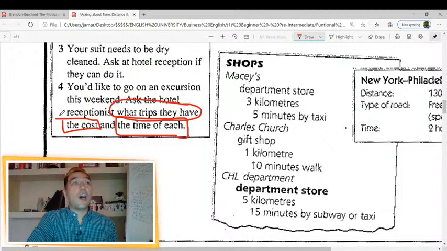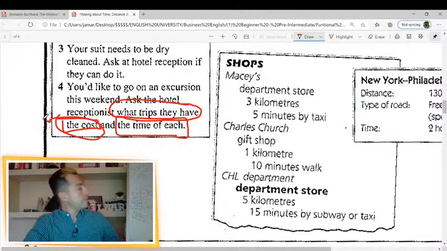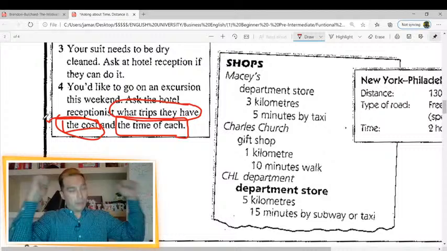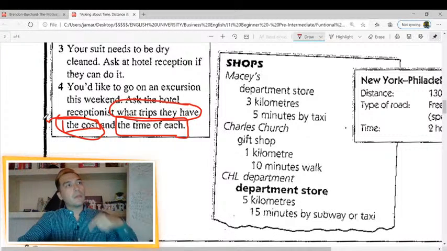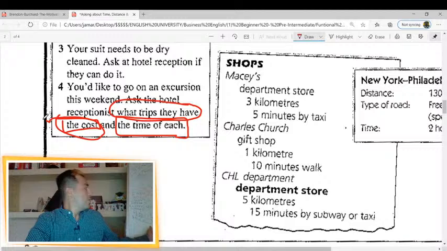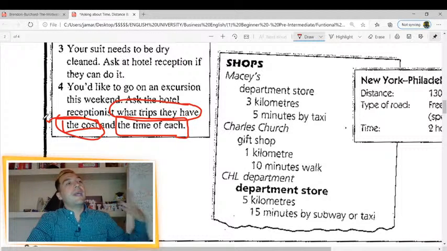To answer, the cost. How much is the excursion? Good. Now let's answer. The camel excursion is $20. Excellent.